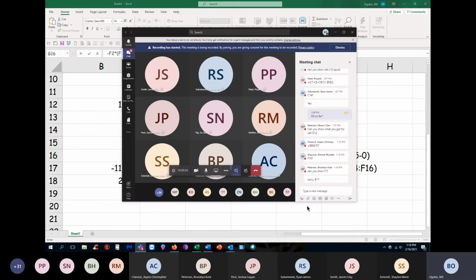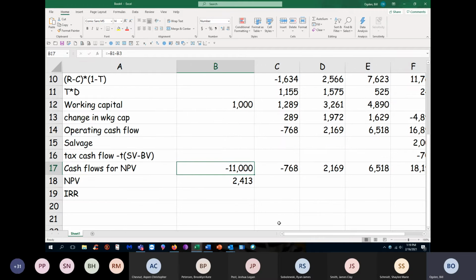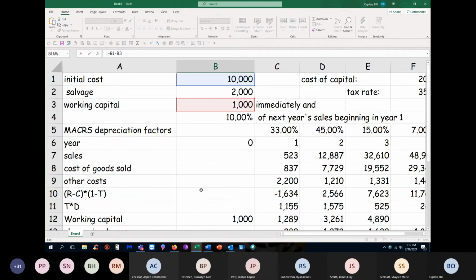Anything else? Have I answered everything? Sorry, B17. Oh, okay, I missed. Let's go back and do B17. B, Bubba, 17, yeah. Okay, I'm estimating cash flow 0. And that would be the initial cost plus any change in working capital initially.